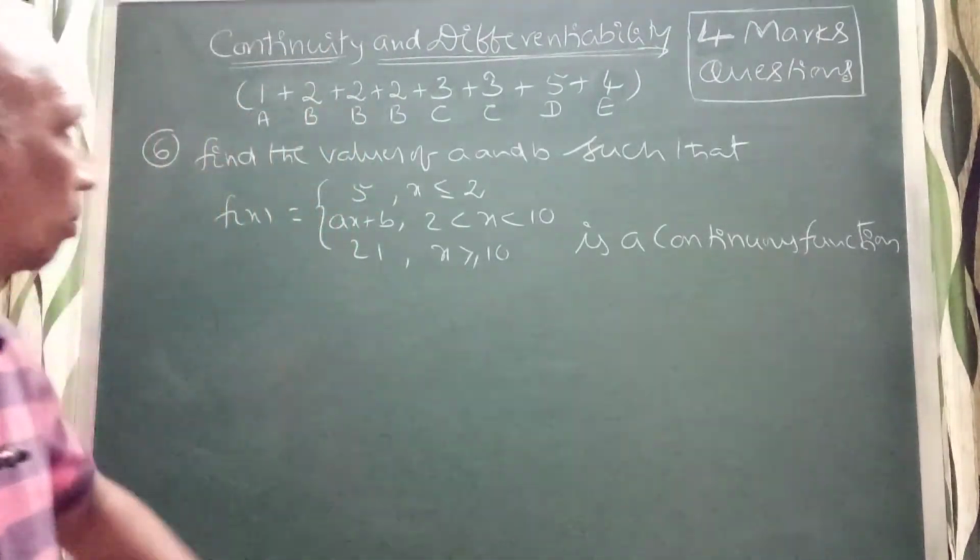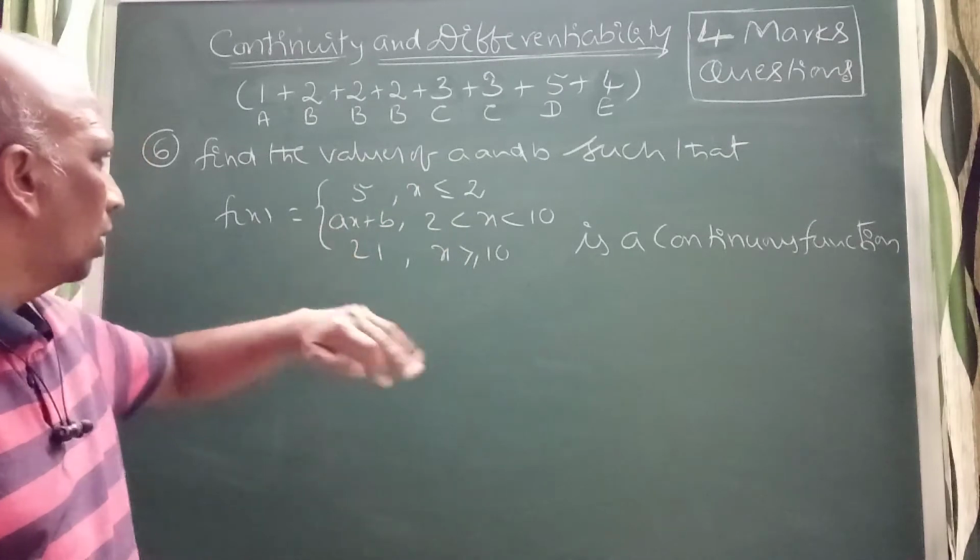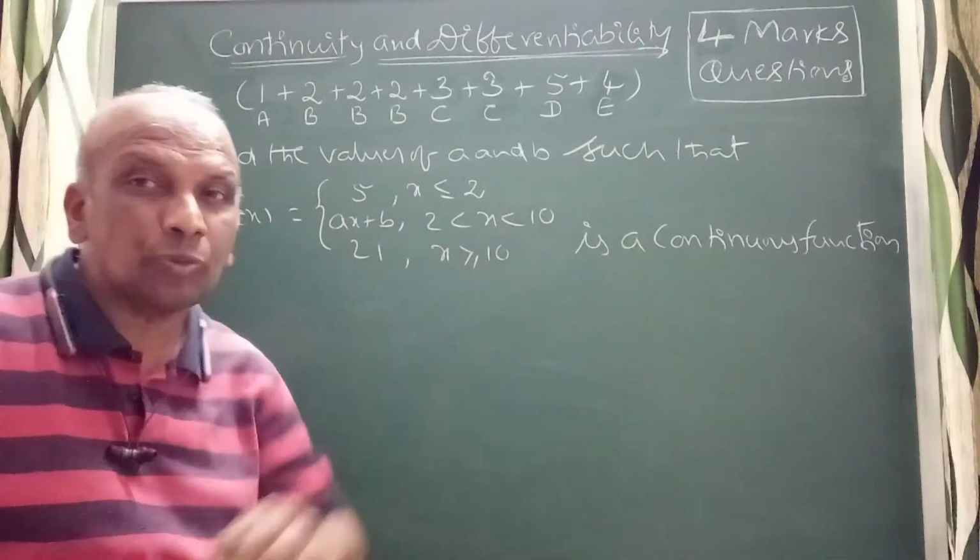Now see, in this problem, we have to find the values of a and b such that the given function is a continuous function.